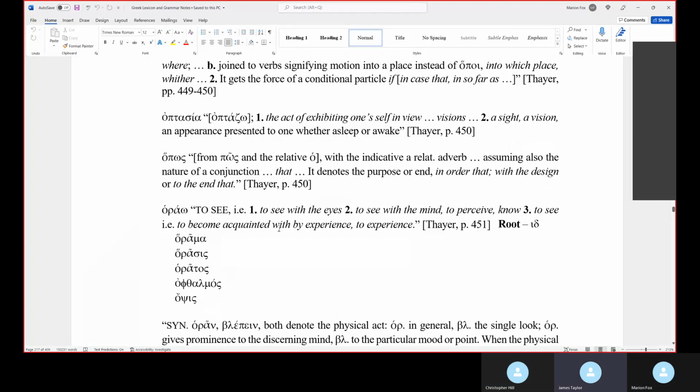In the middle of the page, here's hopos. That's Thayer's definition of it. Notice it's pos and the relative ho, one of our words.